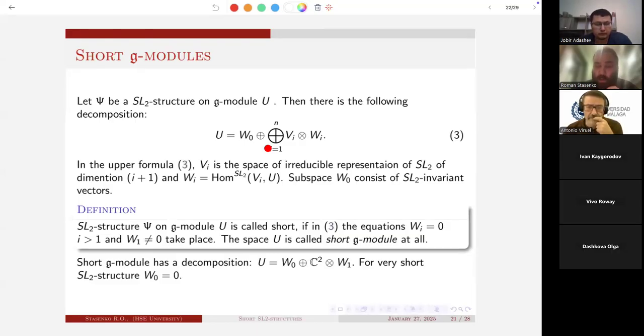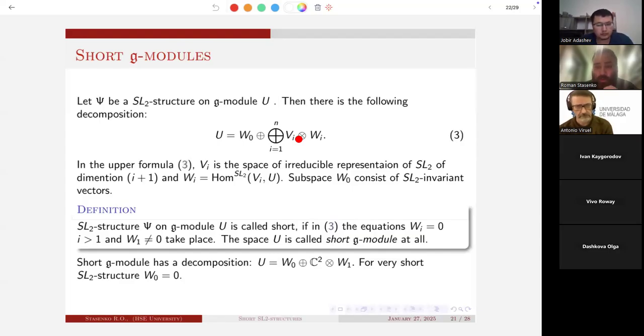The isotypic decomposition. If we consider the SL2 structure on the Lie module, the isotypic decomposition gives us such a formula. And of course, the general case of this formula with all assumptions is very hard to investigate, and we need some special, very simple cases to investigate.